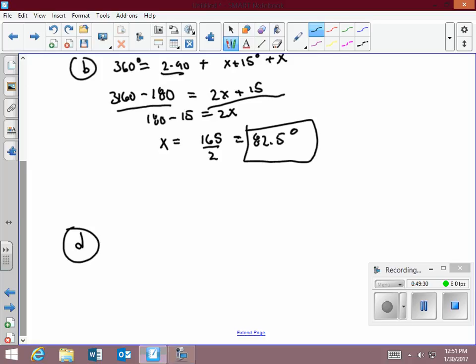Okay. So you just go 3Z, right? I guess C would be 360 equals 3Z plus 120. So 3Z would equal 240, and Z is going to be 80.